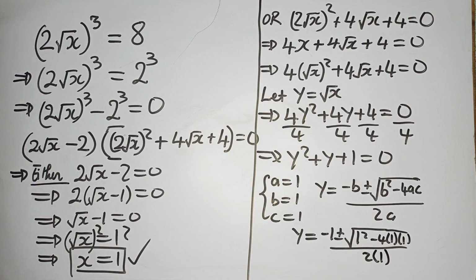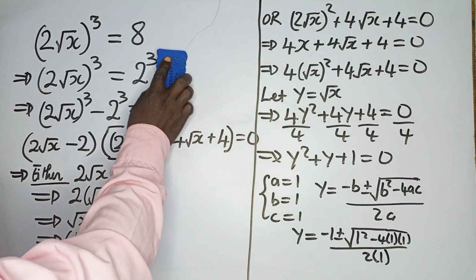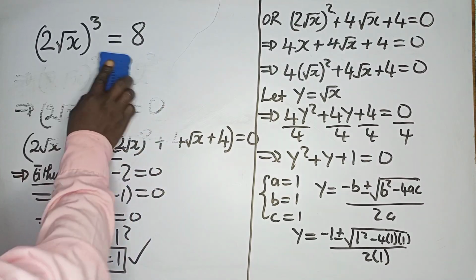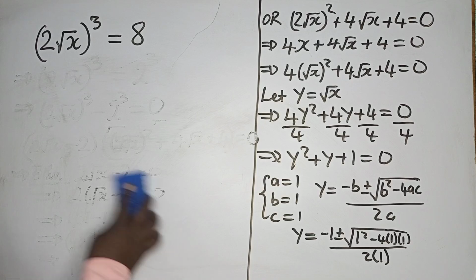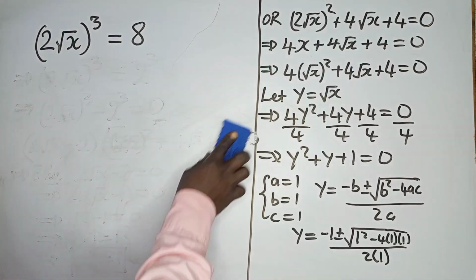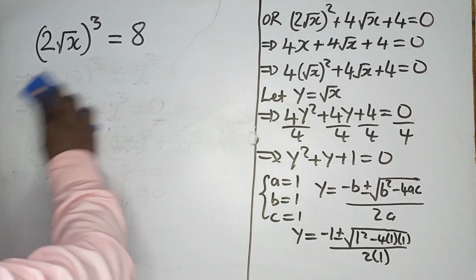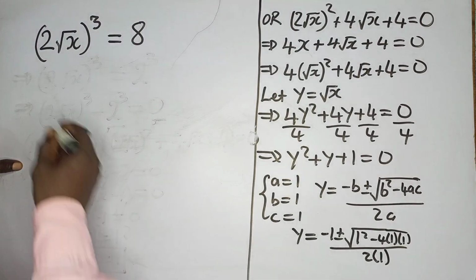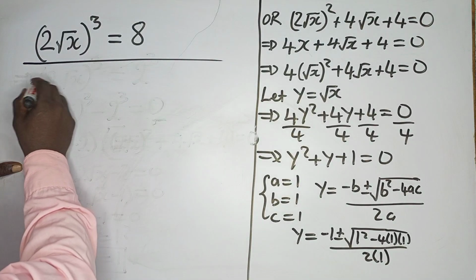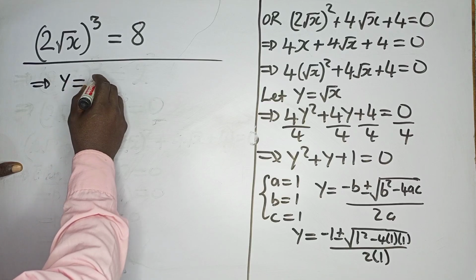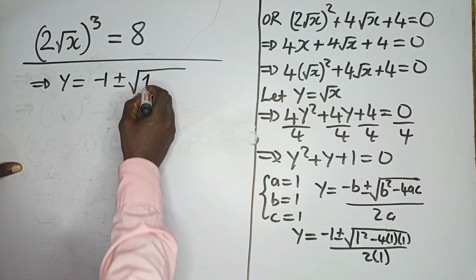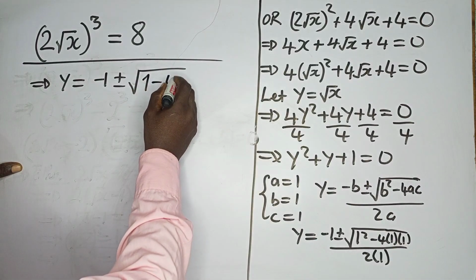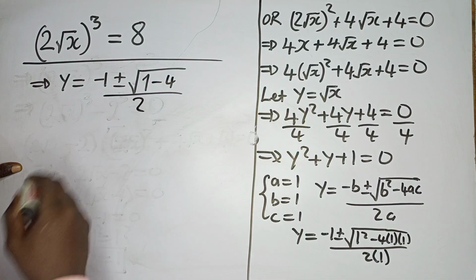Okay, so we continue this way. We have y is equal to negative 1 plus or minus the root of 1 squared, which is 1, minus 4 multiplied by 1, which is 4, all over 2 multiplied by 1, which is 2.